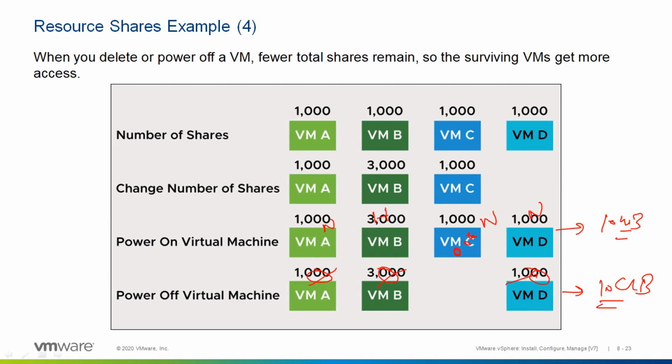If I say this one is also powered off, then the share values will be equal, but in ratio they will definitely increase, because now only 2 VMs are running in the environment. So my 10 GB can be shared among these 2 virtual machines. Got it? Yes, no?